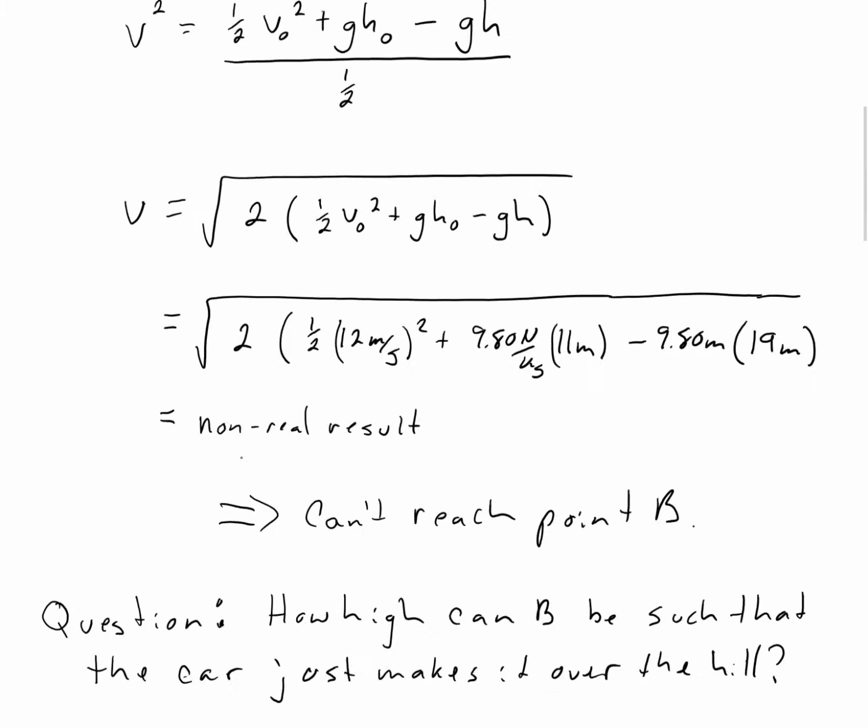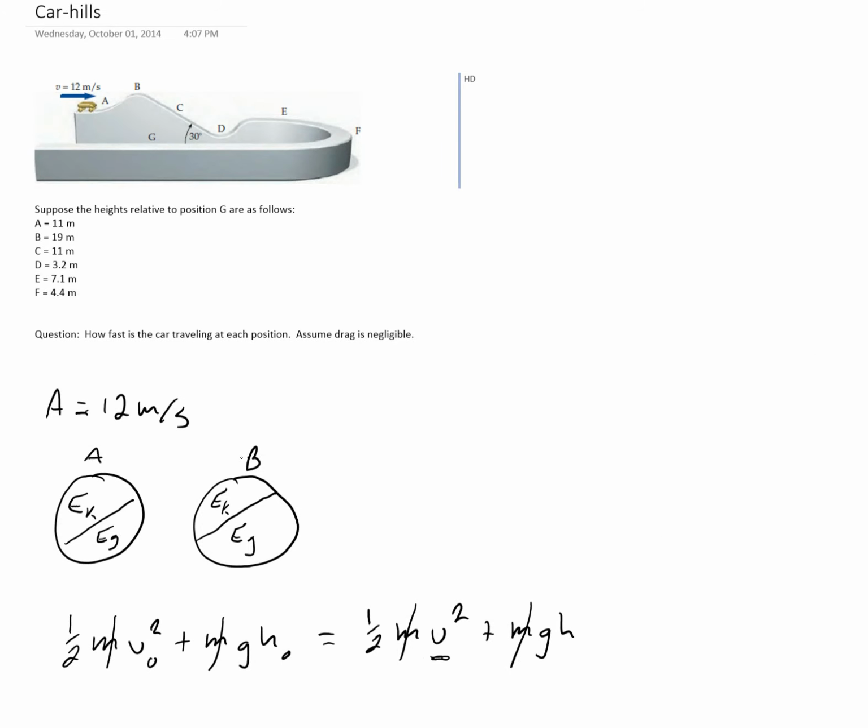Now, one thing I should have noted back at the top is we're assuming the car is not pushing on the ground. In other words, the car's coasting, it doesn't have an engine. Maybe I better make a little note of that up here.